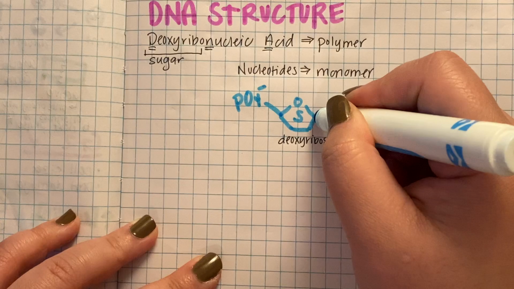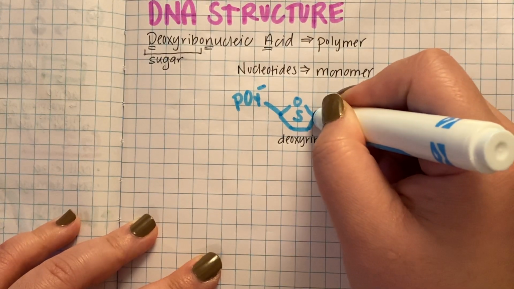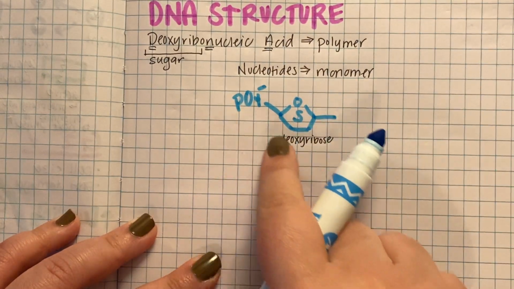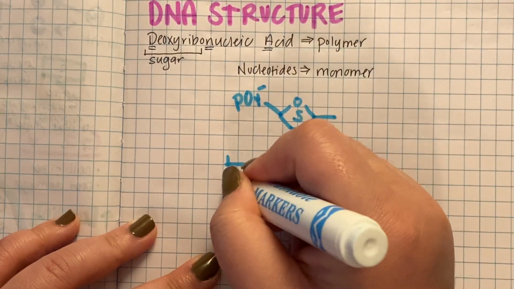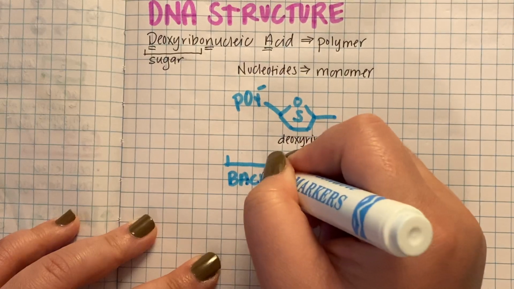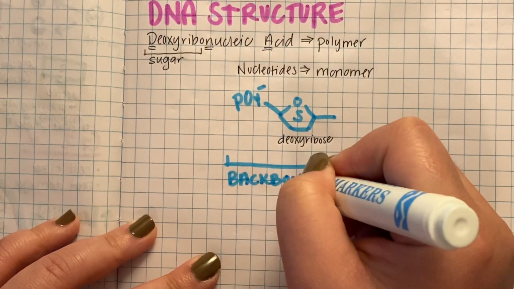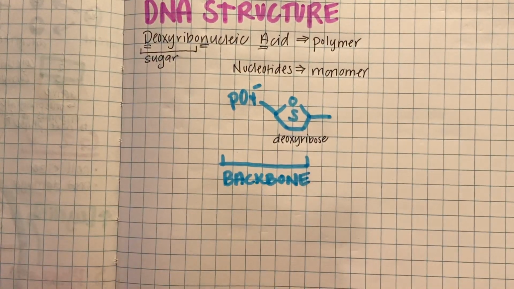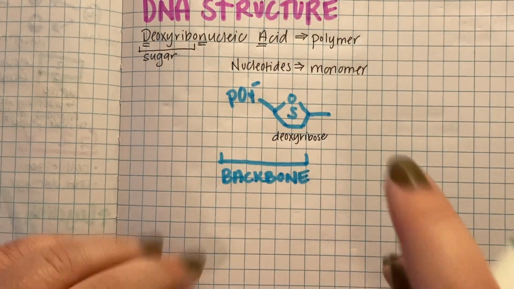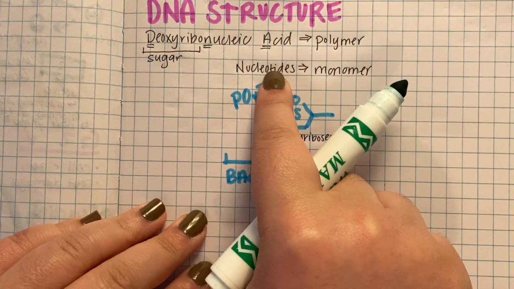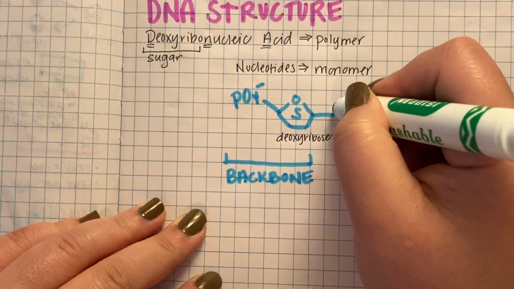The last part to every nucleotide, and this is the part that varies. So this is the section we call the backbone, just the sugar and the phosphate group. And remember, when we call something a backbone, we're assuming that it is the same throughout. So the backbone is the same for every single nucleotide. The part that differs is our last section.